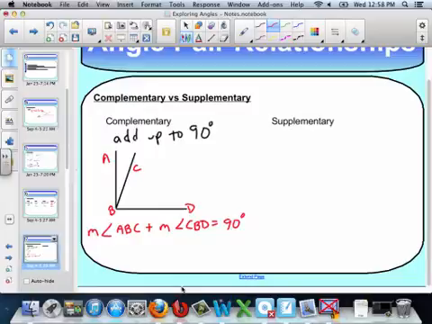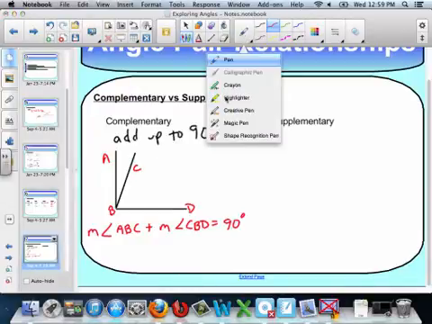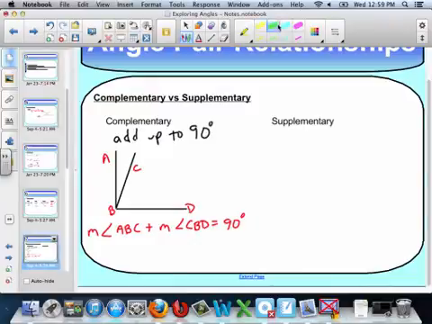What are my two variables? Yeah, the measure of angle ABC is one variable, and the measure of CBD is the other variable.